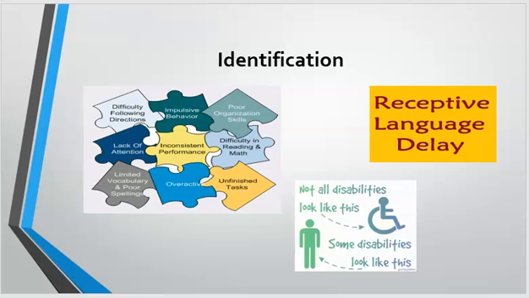The team will identify if the student is delayed in academic skills, such as the areas of reading, mathematics, and writing, or if there is a delay in communication or speech, or motor development, or even when the student's behavior is not developmentally appropriate.